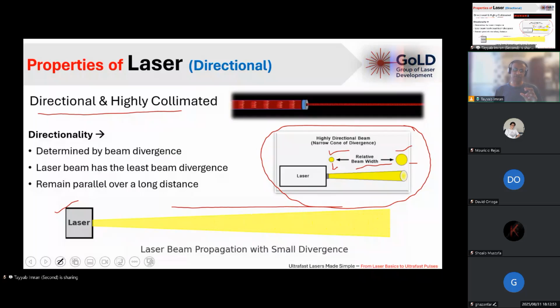So there is a little spread and the light is diverging, but it's not like the white light source.